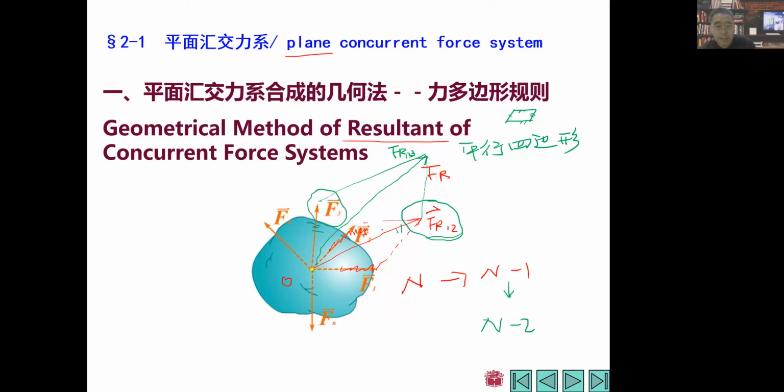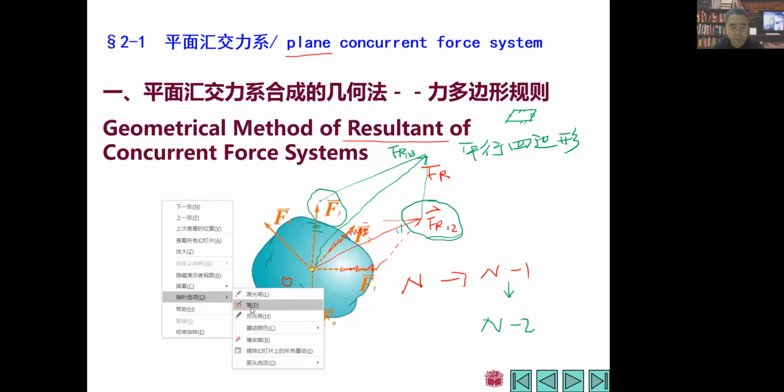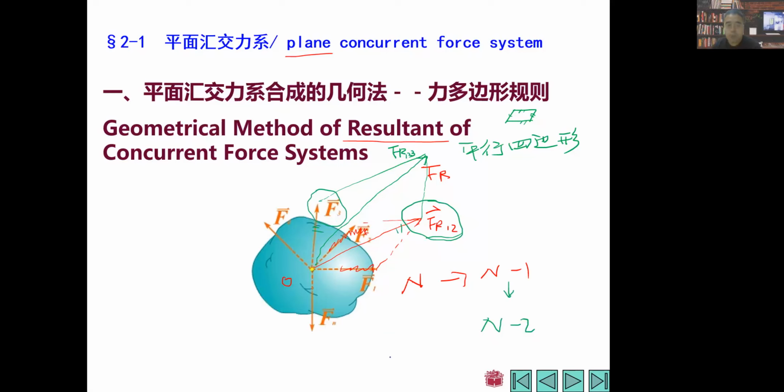Can you guys understand? So once again, I will change our pen's color. I have done this 2 times, and maybe I can continue this.